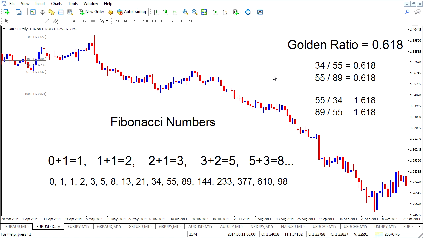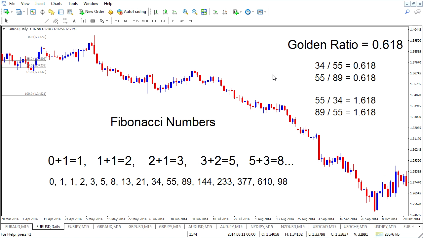So we have this number being a very natural thing, and because of its natural aspect or its relationship to nature itself, the market, being as organic as it is, being moved by human beings, tends to follow along with the Fibonacci numbers, the golden ratio, the Fibonacci sequence, and so on. So instead of fighting it, I go with it.